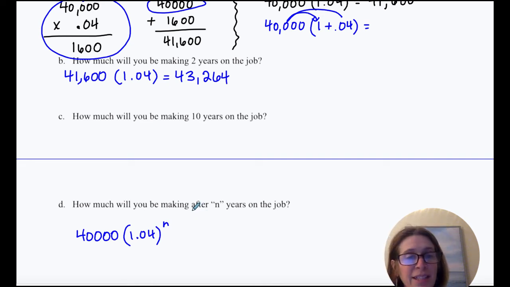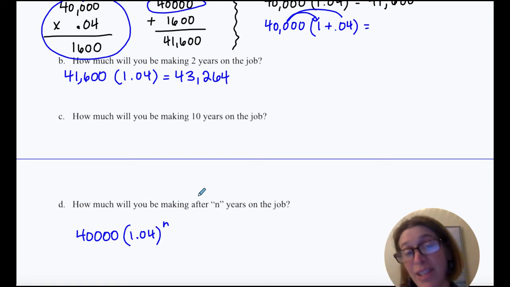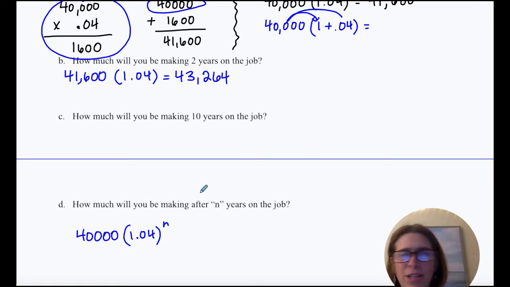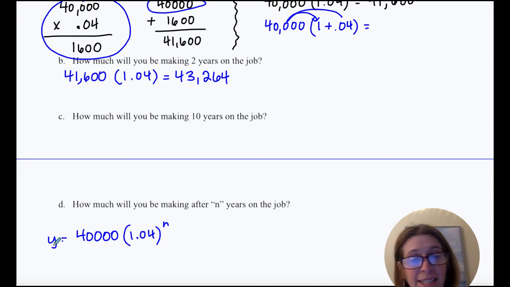Because what that's basically doing is saying I'm going to take 40,000 times 1.04 to whatever power is the number of years. So I could say n years, I could say t years, and that we call an exponential model. Now, if I made it look like this, you should see how it relates to y equals a b to the x power.